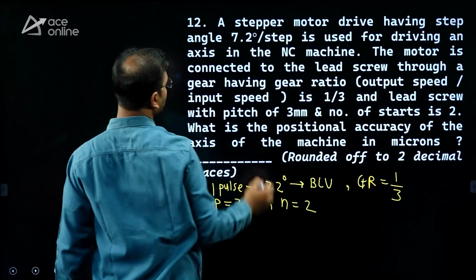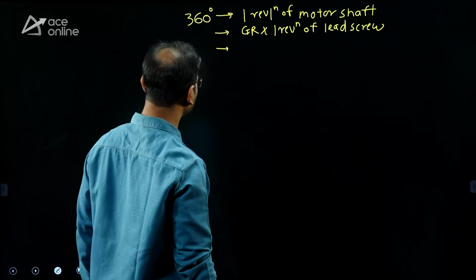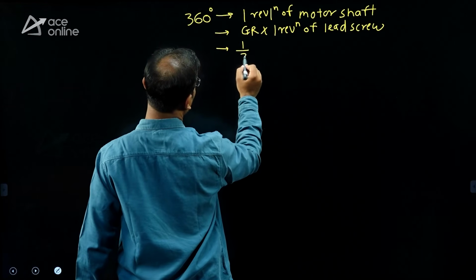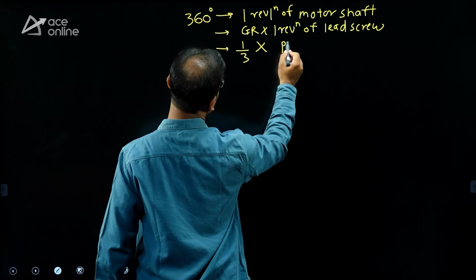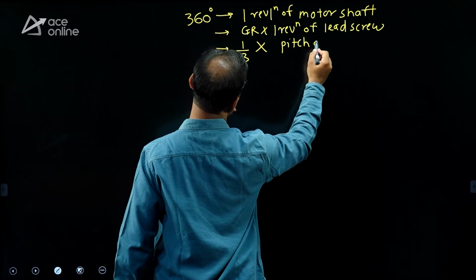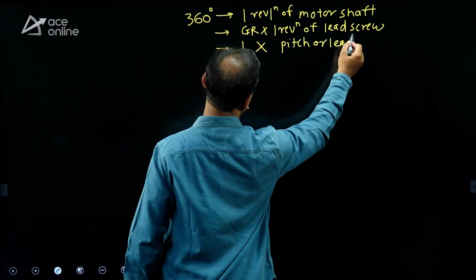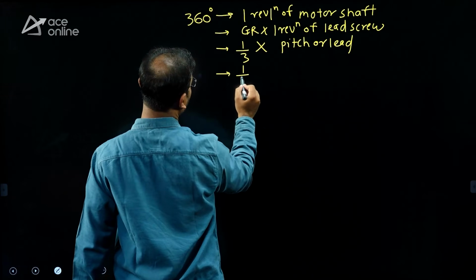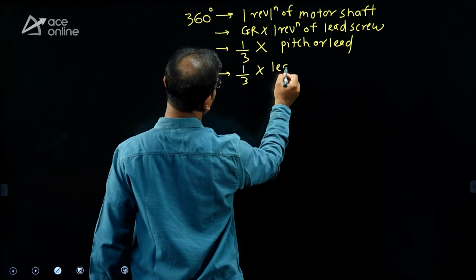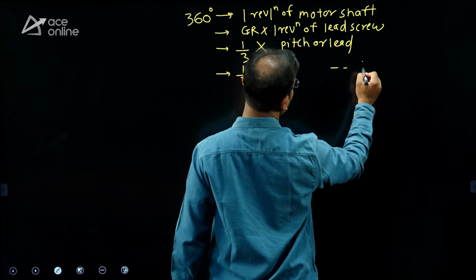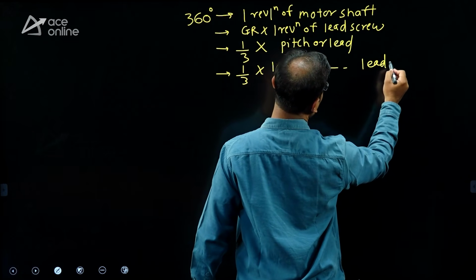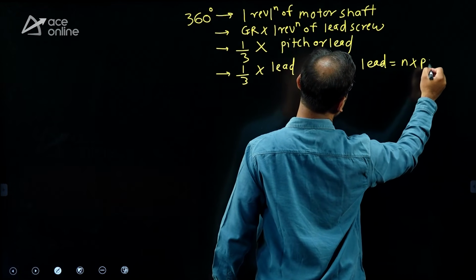Here the gear ratio is given, 1/3, into 1 revolution of lead screw means distance traveled is pitch or lead. Here 1/3, the distance traveled is lead. And what is lead? Lead is equal to N into pitch.